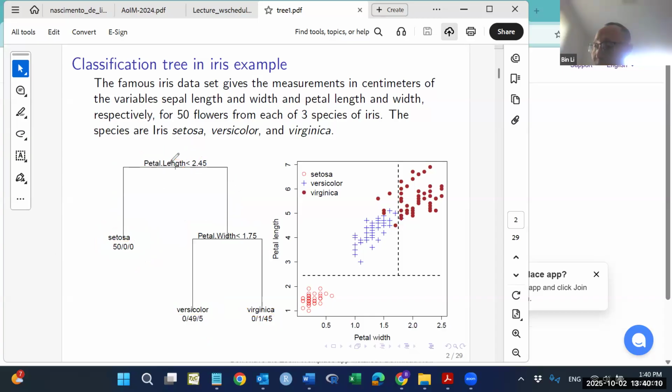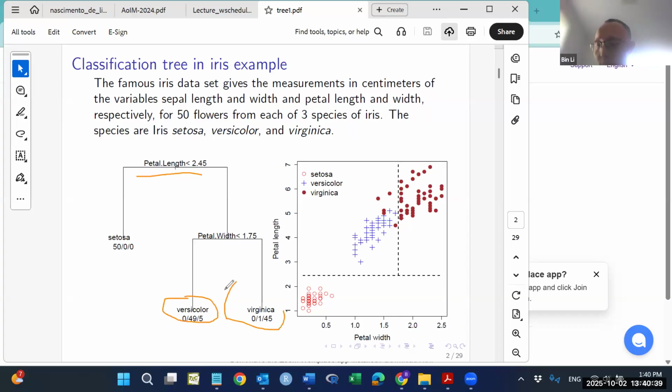The interpretation is very simple. You can use if, else, then language, right? If the petal length is less than 2.45 centimeters, it is setosa. If the petal length is no less than 2.45 centimeters but the petal width is less than 1.75, then it's versicolor.